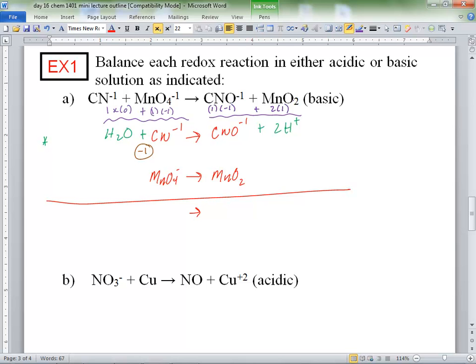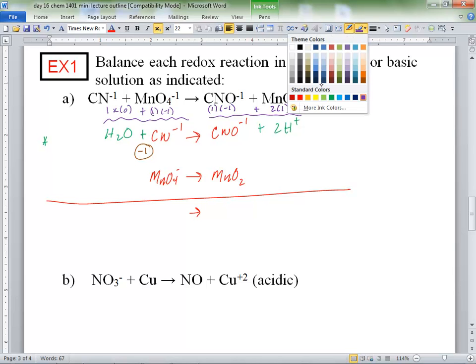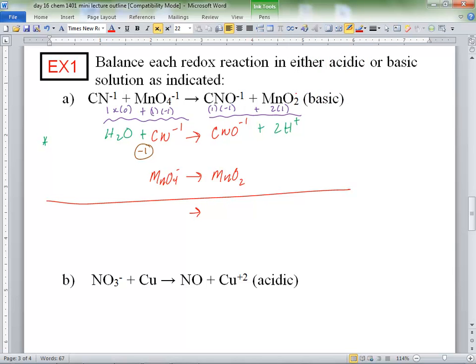All right, so my overall charge then would be what? Right, I'll have a negative 1 and a positive 2, so I ended up with a positive 1.